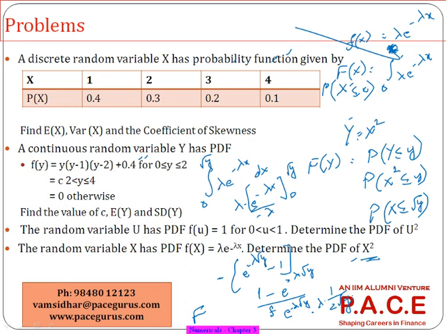Now you can substitute: root y is nothing but root of x squared, which is nothing but x. So you are writing it as e power minus lambda x into lambda by 2x. This is the PDF, probability density function, of y equal to x squared.